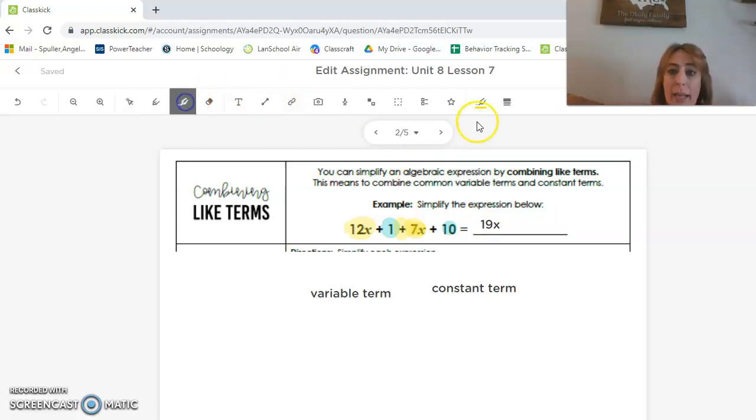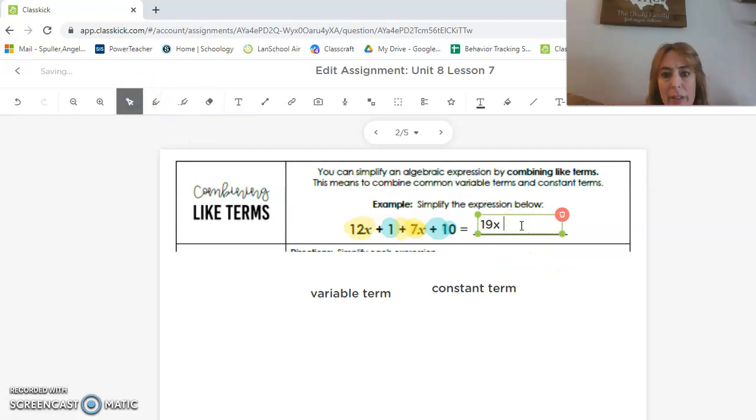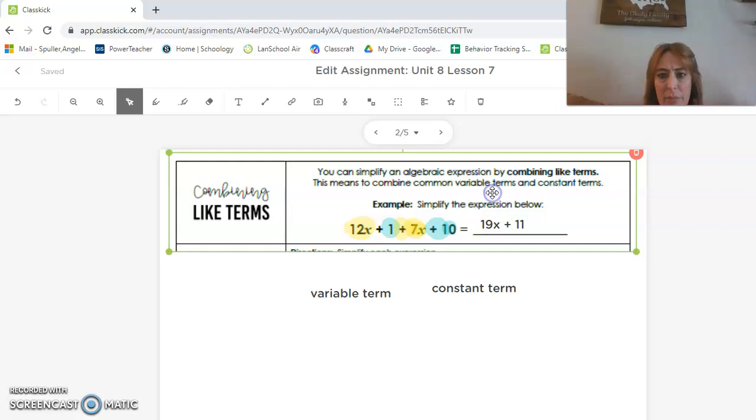Now, I can also say that this 1 and the 10 goes with this plus. I can combine them because they're both the same. So I can come back over here and say plus, because I got to use that plus sign, and I can say 1 plus 10 is 11. And now I've combined all the like terms.